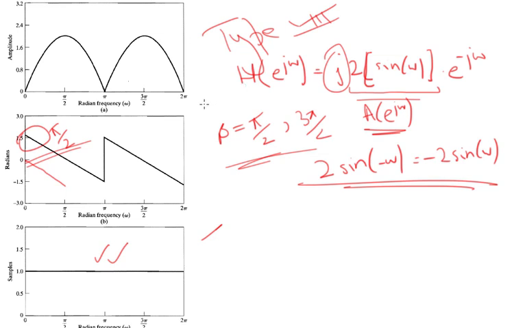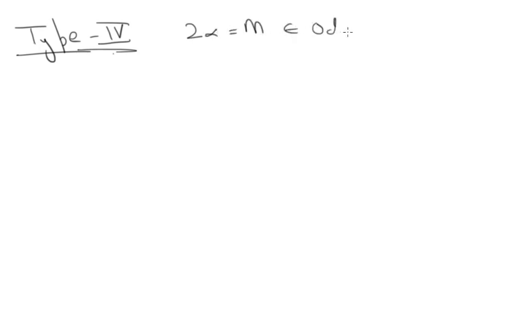Now let us move forward towards the last type, which is type 4. In type 4 systems, you have again 2 alpha is equal to m, which is an odd number. Moreover, here your impulse response exhibits anti-symmetry around m by 2.